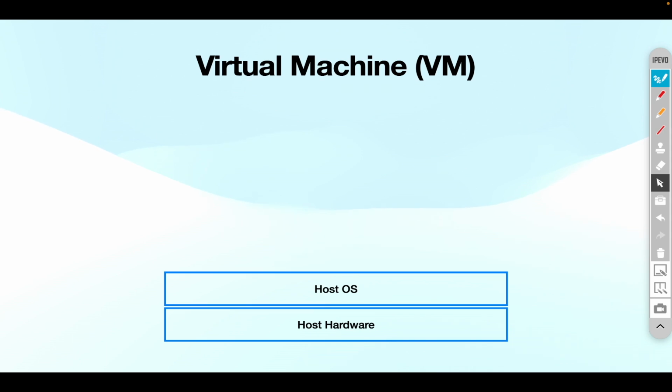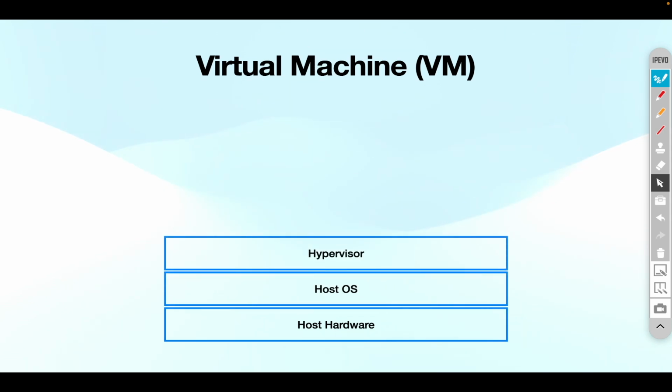So this is the host operating system. On top of that, there will be a hypervisor. This is also software which allows you to install virtual machines inside a machine, right?